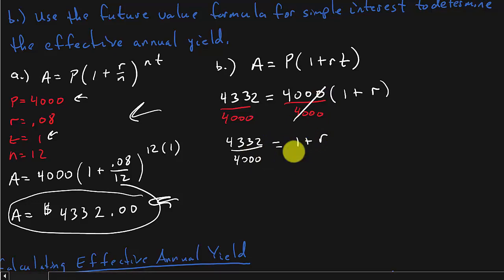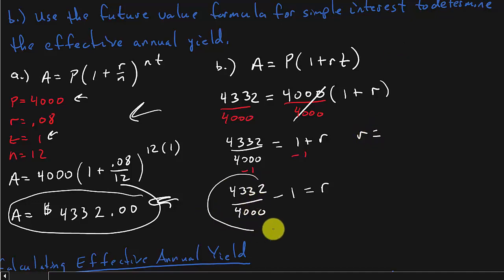And then I'll subtract 1 from both sides. And so I get 4,332 over 4,000 minus 1 equals R. And so R is equal to, and I'll do this calculation in my calculator, and that comes out to 0.083.